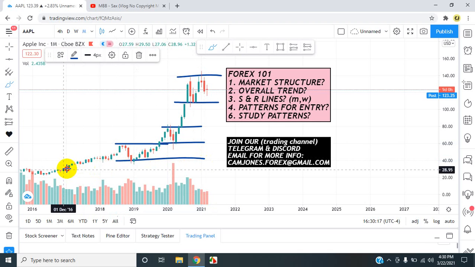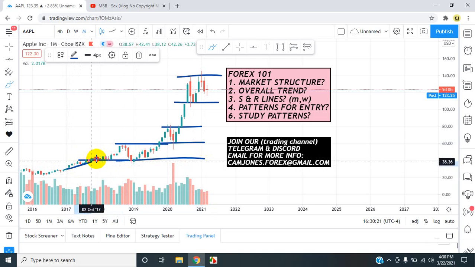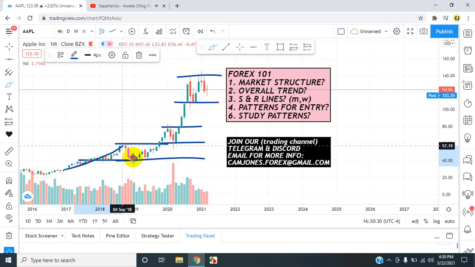So what it did was price went up, broke our resistance, created our next area of resistance, came back down, retested previous areas of support to come back up, down, to compress again, to retouch again.